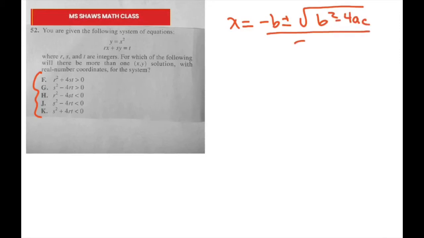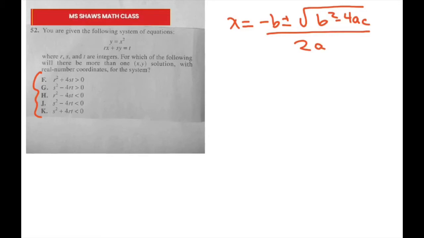This one, it's asking where there will be more than one solution. And it takes a while to think about this problem. However, what they're really asking, if you look at this, is the discriminant. So you have the quadratic formula, all over 2a.